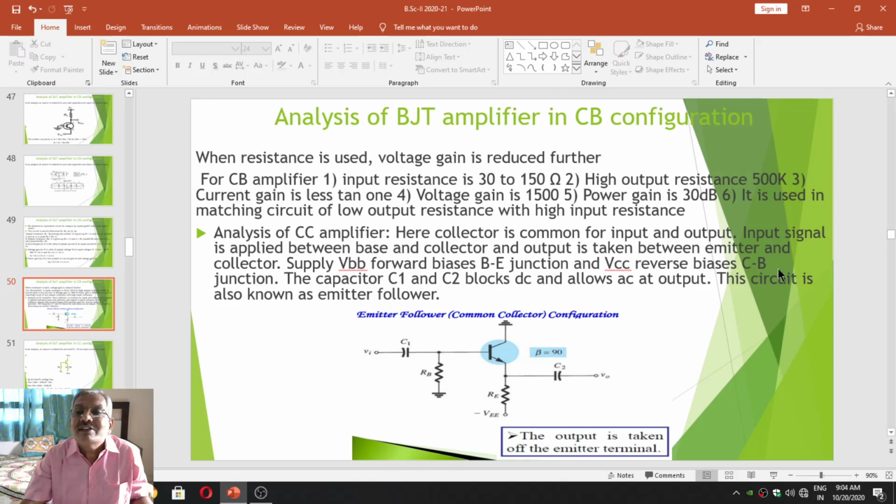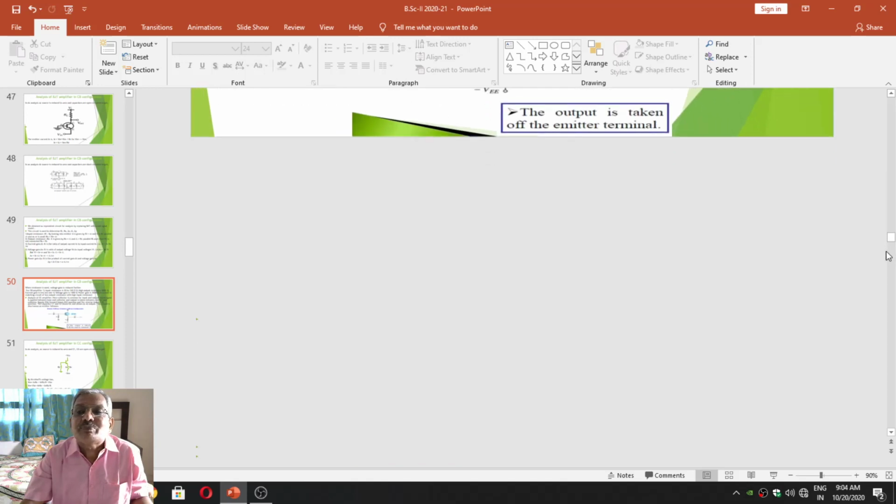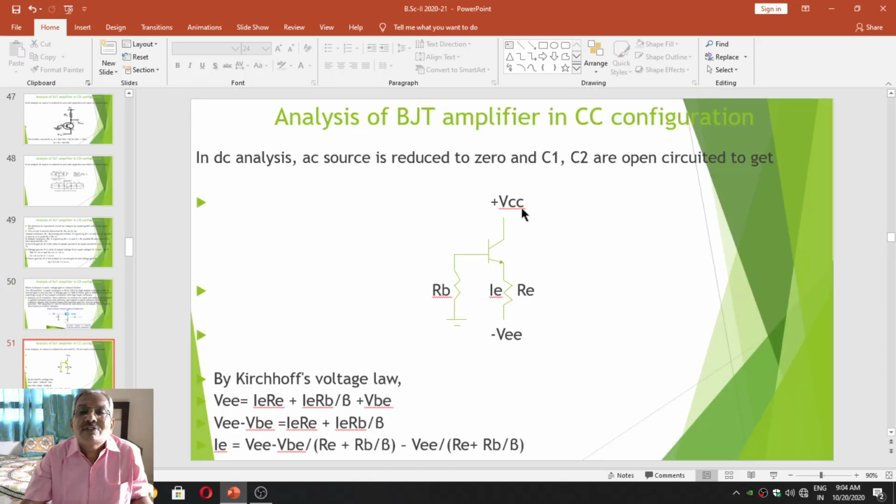So the resulting circuit simply consists of supply and the emitter biasing resistors, and output is to be taken across the emitter resistance RE through which the emitter current IE flows.